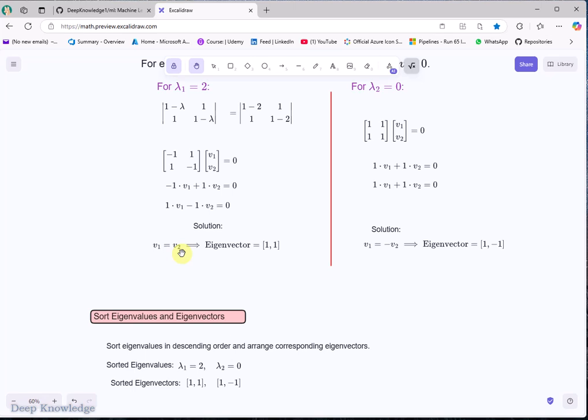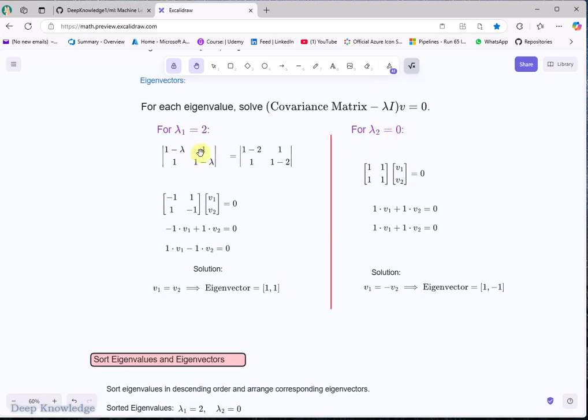So for the eigenvector, we just select 1, 1, because V1 is equal to V2. You can just do 2 or 3 or 5, 4, but for simple calculation, we just replace it with 1.